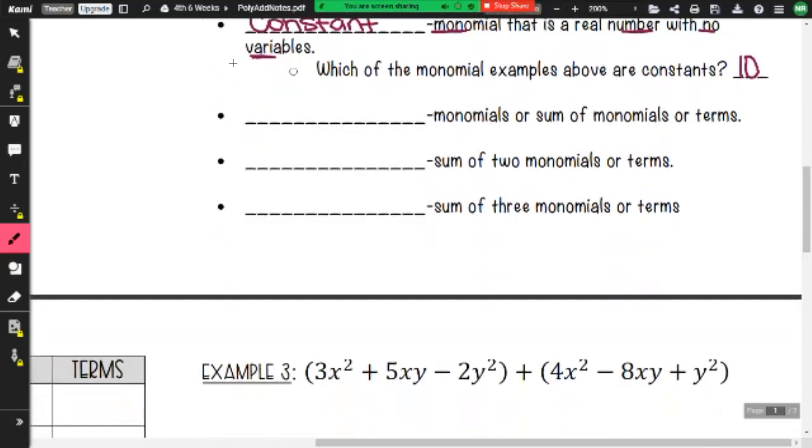Before we jump back to this one, if we have a sum of 2 monomials or a sum of 2 terms, binomial. Remember, bi is the prefix for 2. What about 3? Trinomial, tricycle.